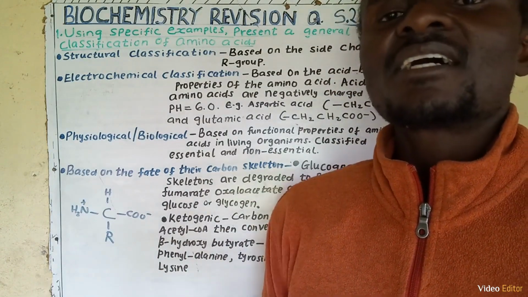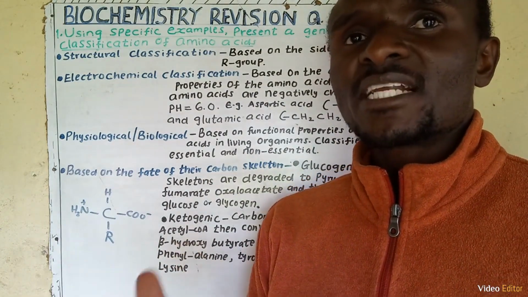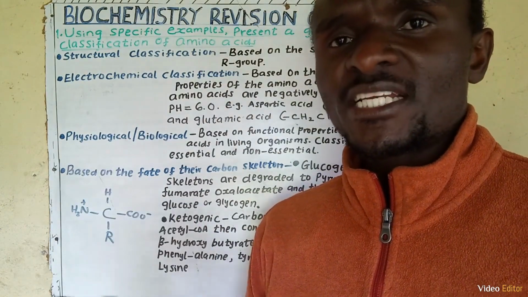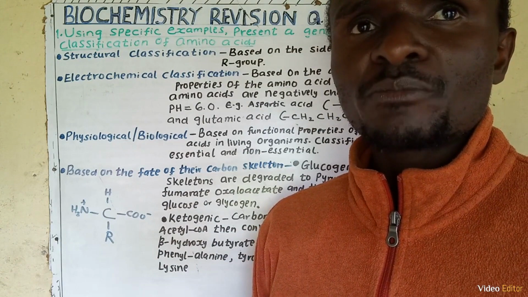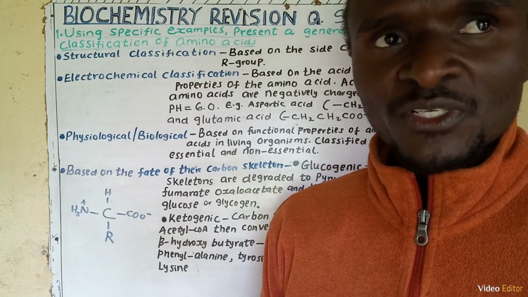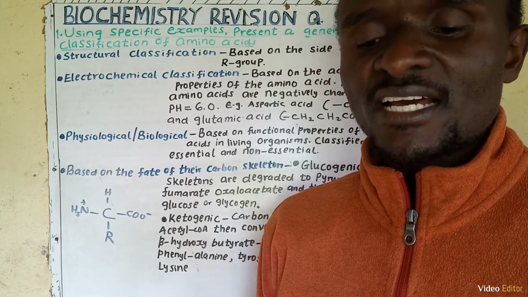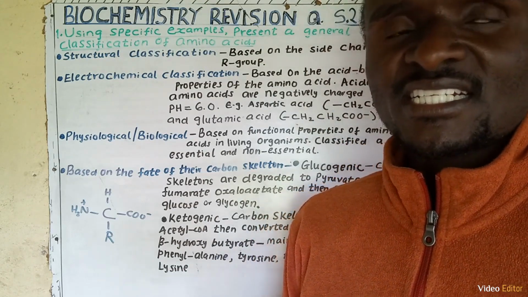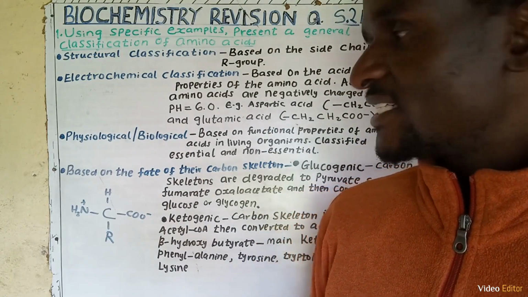Then we have some amino acids whose carbon skeleton may be degraded into ketone bodies. They are known as ketogenic amino acids. The ketone bodies are beta-hydroxybutyrate and also acetone. These are normally evidenced in patients who are suffering from diabetes mellitus, that is, untreated diabetes mellitus.